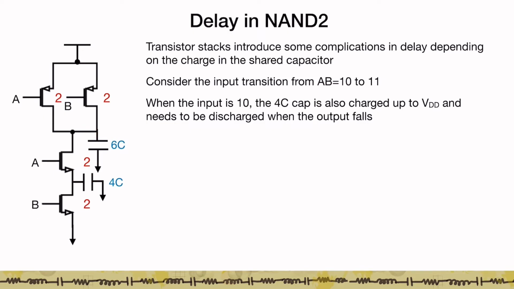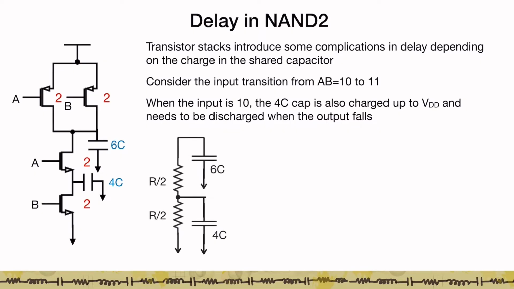So now when B goes from 0 to 1, when this NMOS B switch is turned on and this PMOS switch is turned off, I now have to discharge the 6C capacitor and also have to discharge the 4C capacitor, right? So therefore, my discharge circuit looks something like a 6C capacitor connected to a transistor of size 2, hence R/2, and then I have a 4C capacitor and then another transistor whose resistance is R/2.